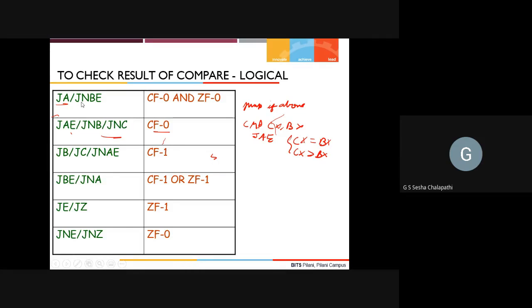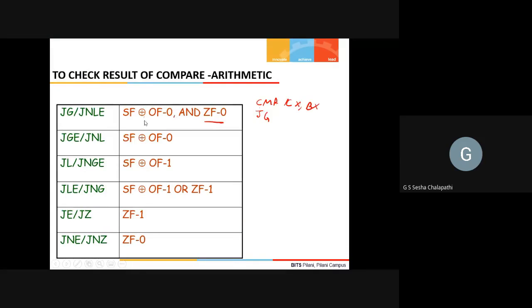All these are logical comparisons, and they are unsigned comparisons. Whereas JG, JNLE, JGE, JNL are all signed comparisons, so in these we will take the sign flag into account also.